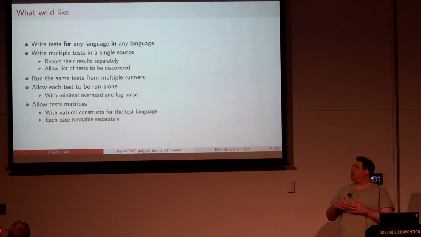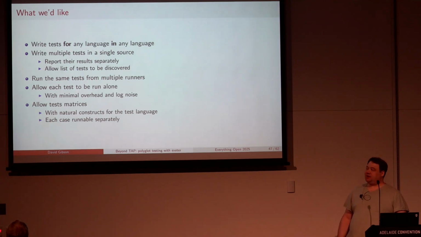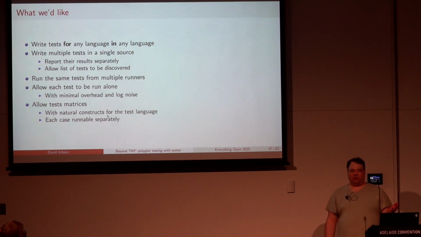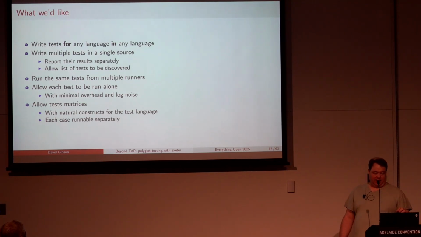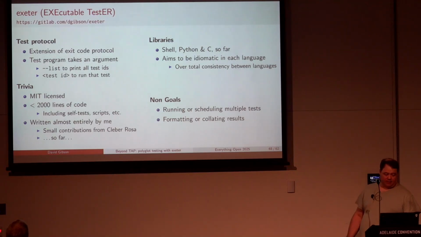We want to be able to run each test on their own with minimal overhead for debugging and logging. And we'd like test matrices, preferably with constructs that are natural in the language you're writing the tests in, so you don't have to learn a whole other system for doing that. And without sacrificing being able to run each test separately.